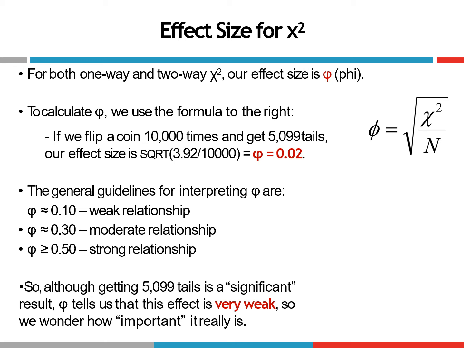Any phi value that's less than 0.10 is considered a weak relationship, whereas a phi value of 0.30 is considered a moderate relationship, and greater than or equal to 0.50 is considered a strong relationship, right?